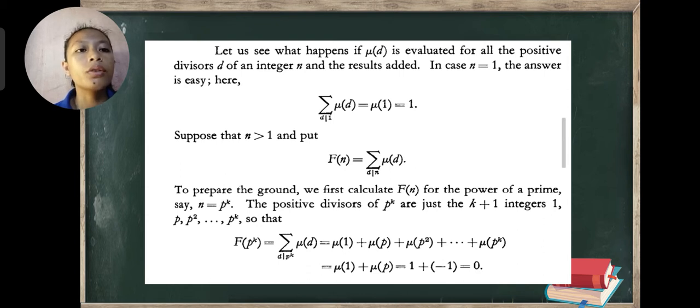The positive divisors of p raised to the power of k are just the k plus 1 integers 1, p, p squared, ..., p raised to the power of k, so that capital F of p raised to the power of k is equal to the sum over d dividing p raised to the power of k of mu of d, which is equal to mu of 1 plus mu of p plus mu of p squared plus ... plus mu of p raised to the power of k, which is equal to mu of 1 plus mu of p, which is 1 plus negative 1, equal to 0.